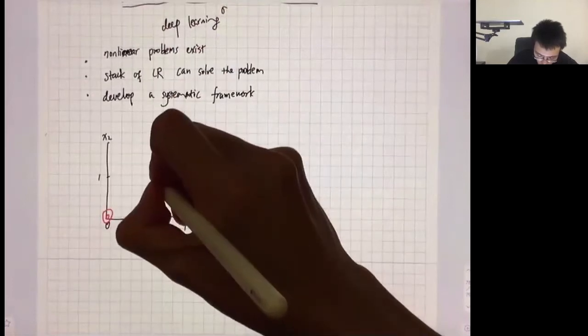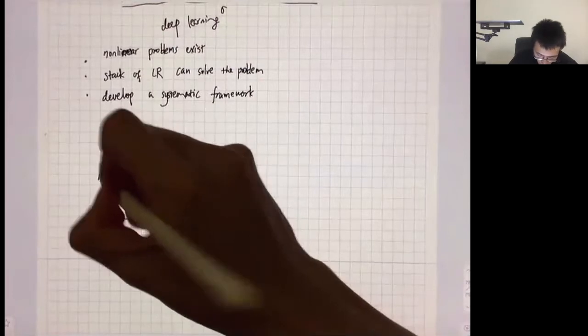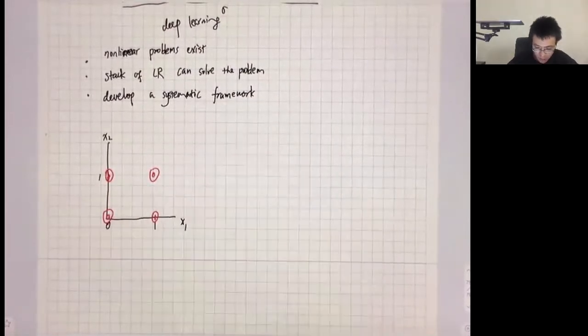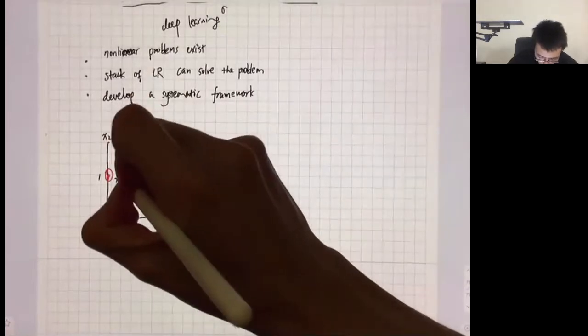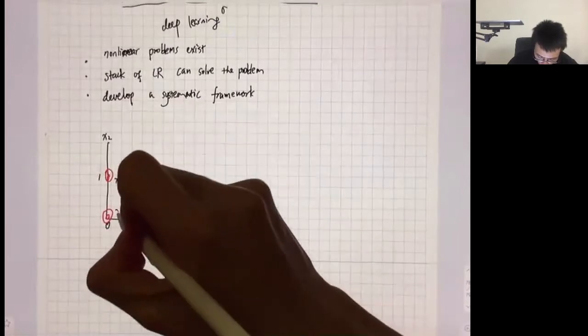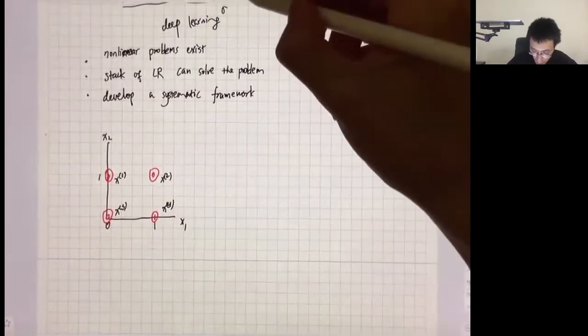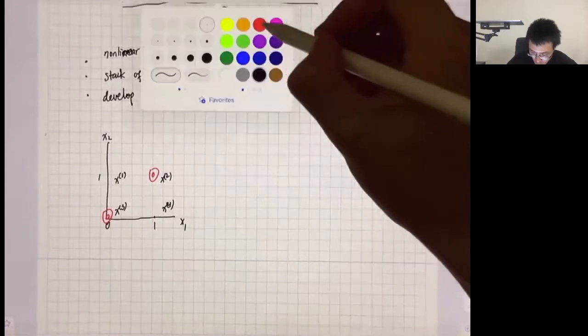This is also 0. This is 1, okay? This is also 1. So the target is 0, 0, 1, 1, okay? And I name these samples like this is my first data point, this is my second data point, this is my third data point, and this is my fourth data point, okay? So of course I can use different colors to show these samples.